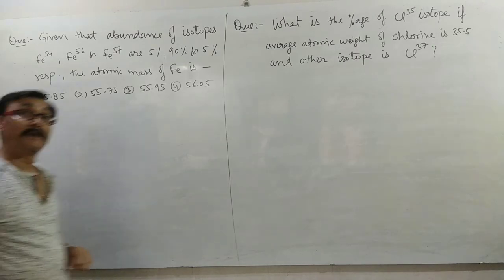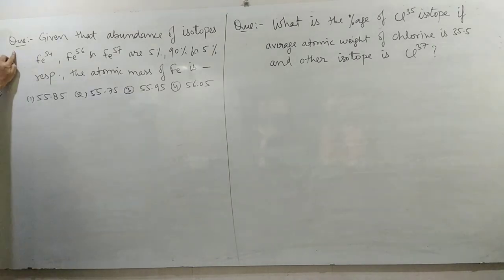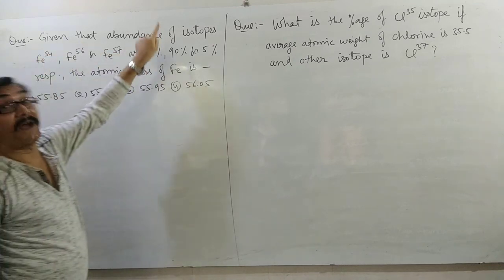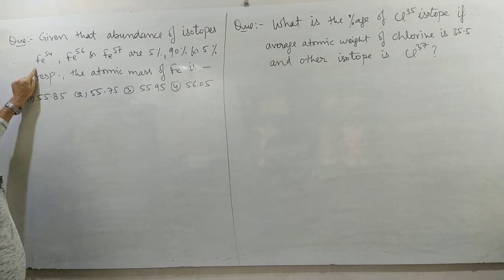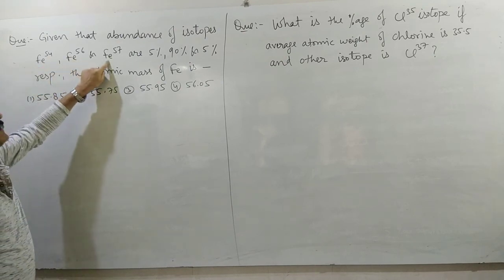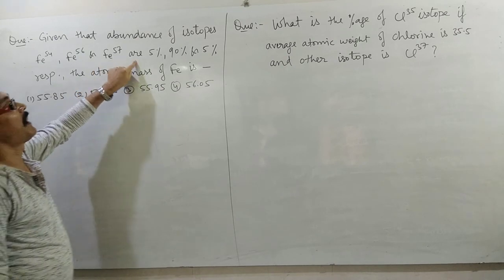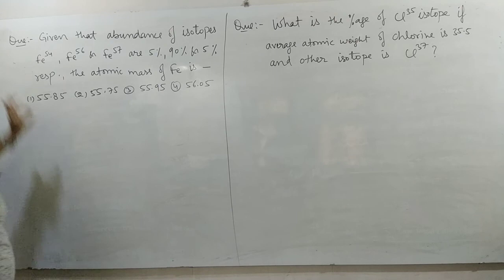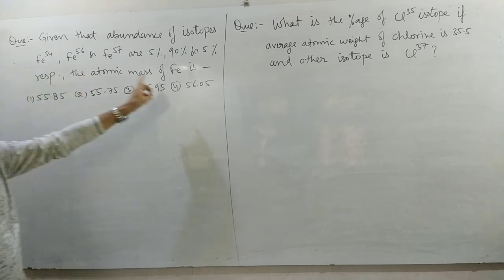Now we have a question. Given that the abundances of isotopes Fe54, Fe56 and Fe57 are 5%, 90% and 5% respectively, the atomic mass of iron is?